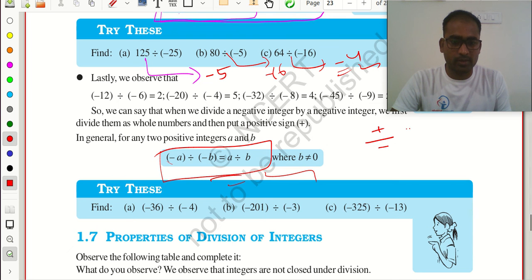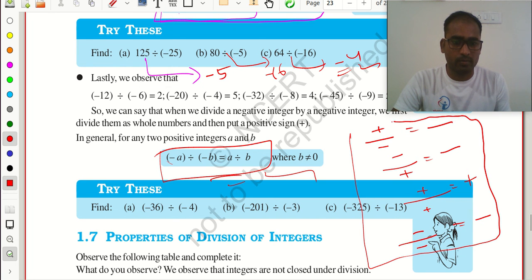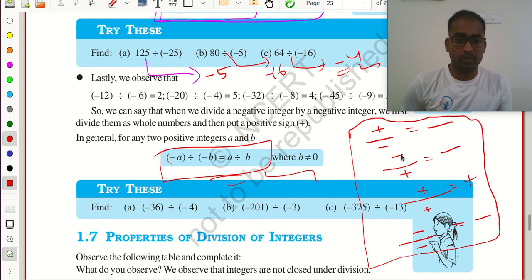Plus by minus, we will get minus. Minus by plus is equal to minus. Plus by plus is equal to plus. Minus by minus is equal to plus. This is the thing. Understood? So please note down this table.